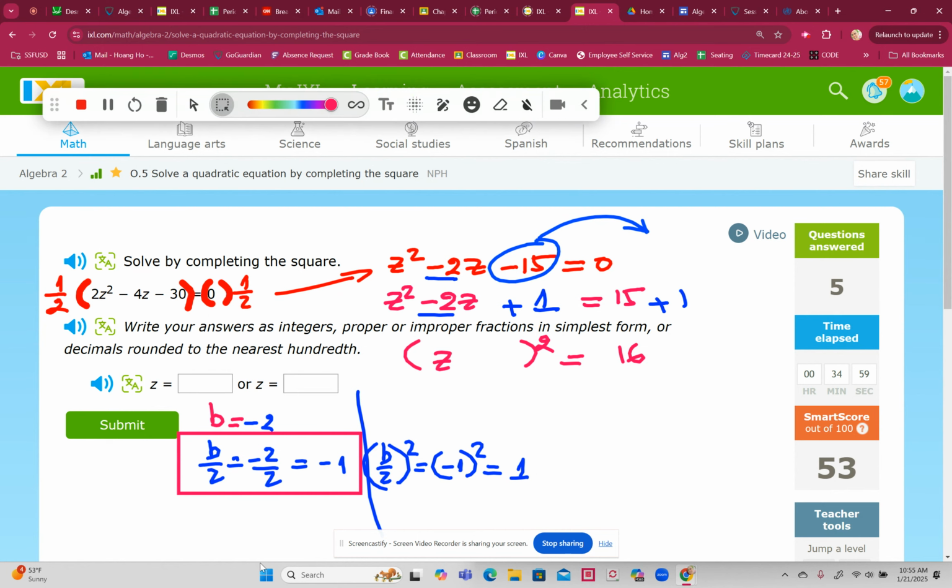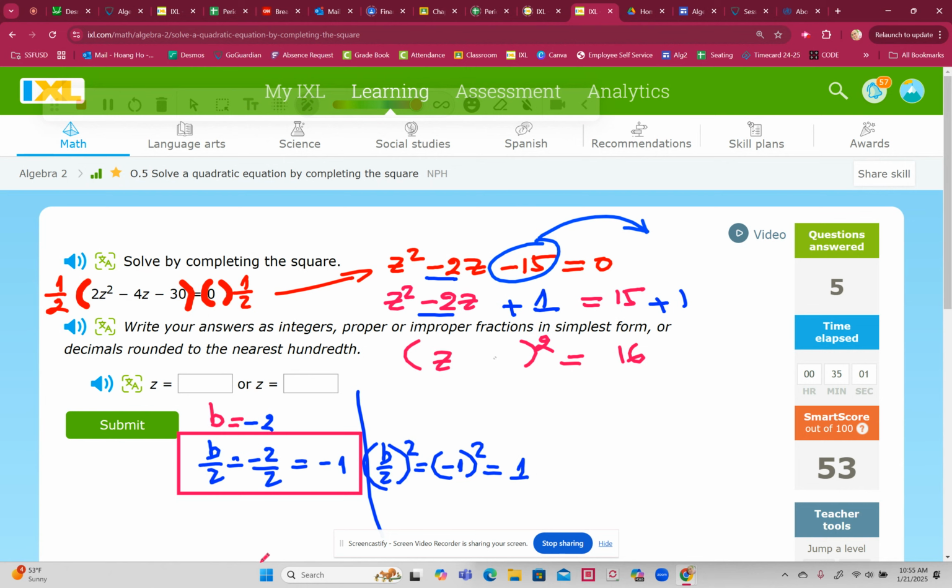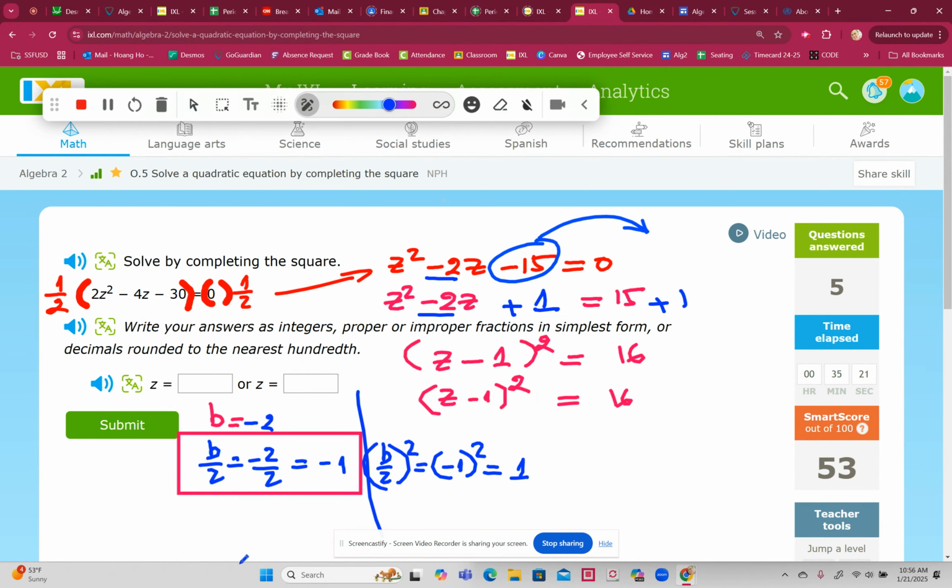Negative 1. Negative 1 is right here. Okay, so now, what should we do on both sides to get rid of the power 2? Square root. Square root, not square, Sophie. If it's square, it's not working out. Square root. Okay, so let's do the square root.